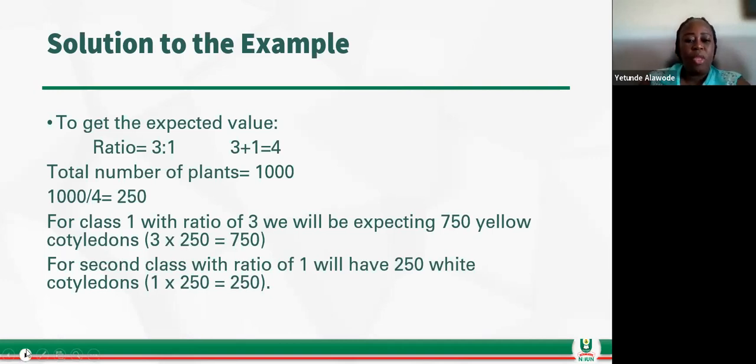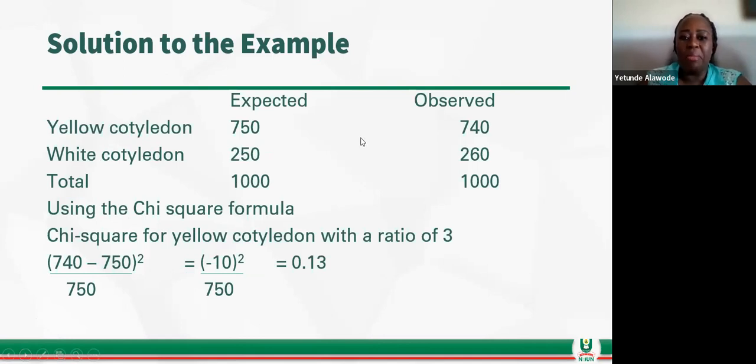So now you form a table. You put expected on one side, you put observed on the other side. Like I told you, this expected is the one we calculated, and this observed is in the question already. So for the yellow cotyledon, the expected is 750, the observed is 740. For the white cotyledon, the expected is 250, while the observed, which is given in your question, is 260.